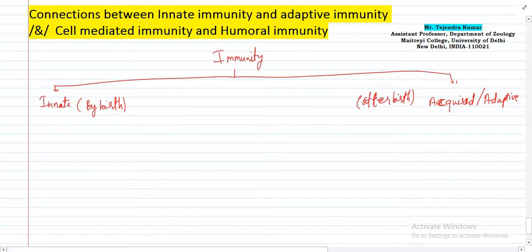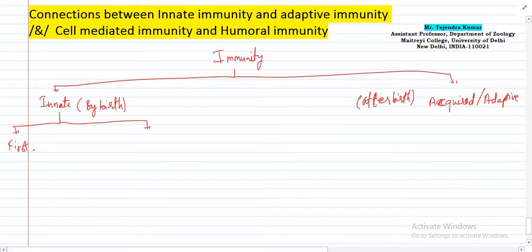Innate immunity has two types. We can classify it on the basis of first line defense and second line defense. I also discussed all these first line, second line, and third line defenses in a video which is already uploaded, you can check it out.